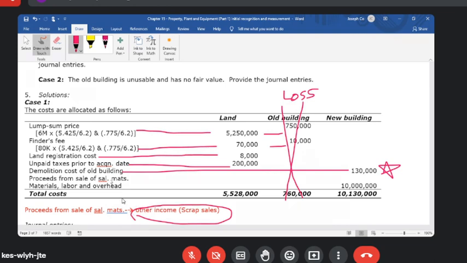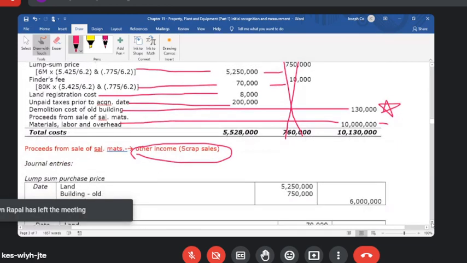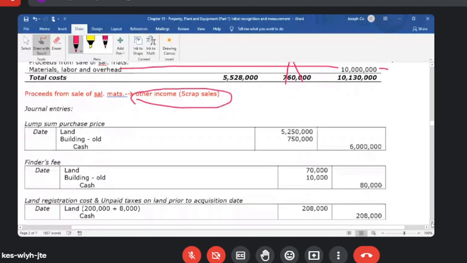And then material, labor, overhead, building. We have land and new building, 5,528 and 10,130. And then these are the journal entries.